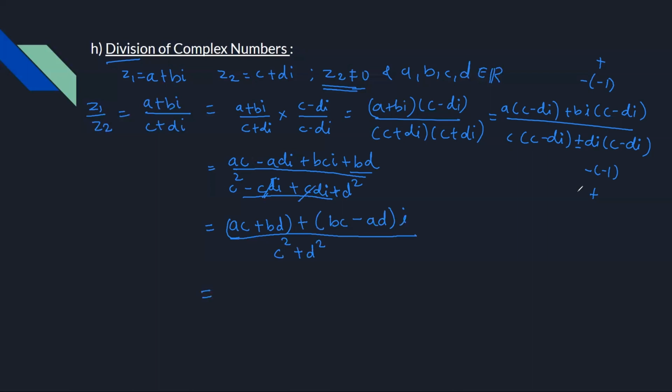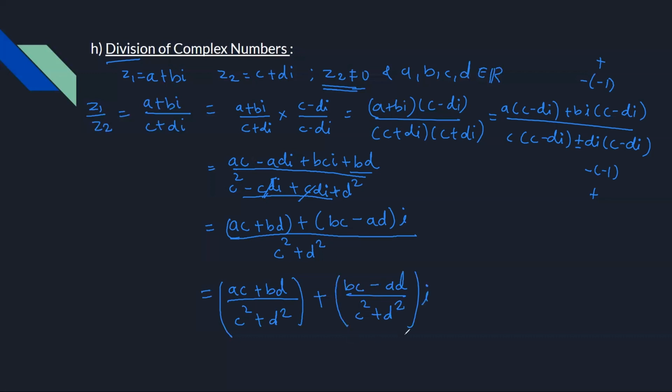Now how can we write this? I will split this denominator. So I will write it as ac plus bd divided by c square plus d square. So this is the real part, and again I will split this part, bc minus ad divided by c square plus d square, and here i.